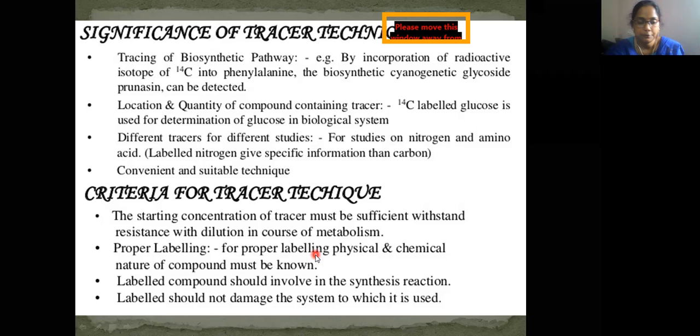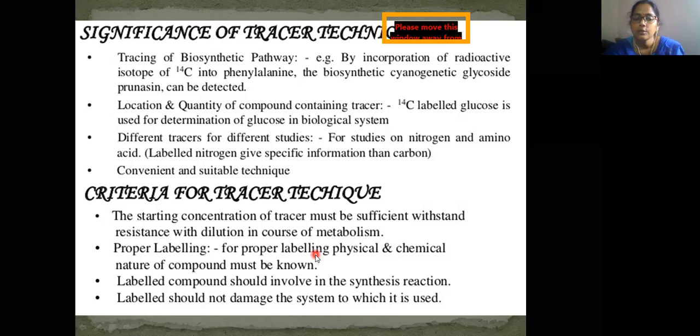That means if we are using erythrose 4-phosphate which is labeled with C14, now it is the radio labeled compound, and we are inserting this compound into the plant. This erythrose 4-phosphate should undergo condensation with the phosphoenolpyruvate.